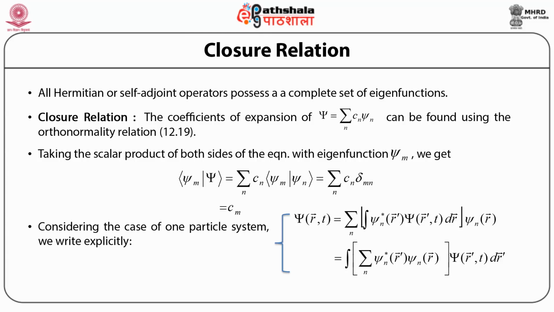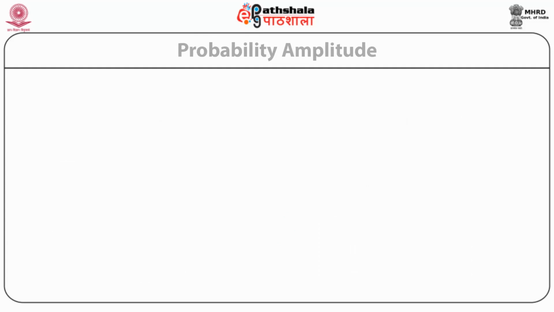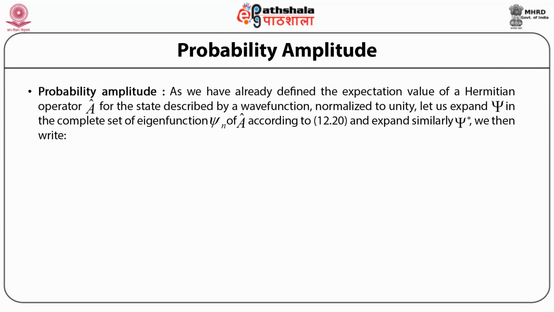I take the integral sign outside the summation, so it is equal to the integral of, within square brackets, the summation over n ψ_n star(r') into ψ_n(r), brackets close, ψ(r',t) dr', and therefore the summation over n ψ_n star(r') into ψ_n(r) is equal to delta of vector r minus vector r'. We describe the probability amplitude.